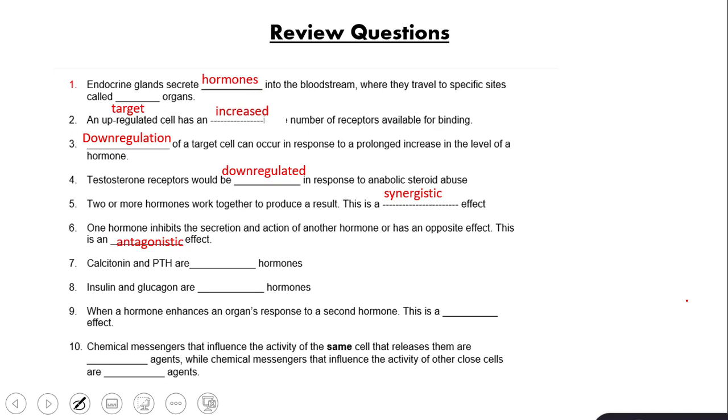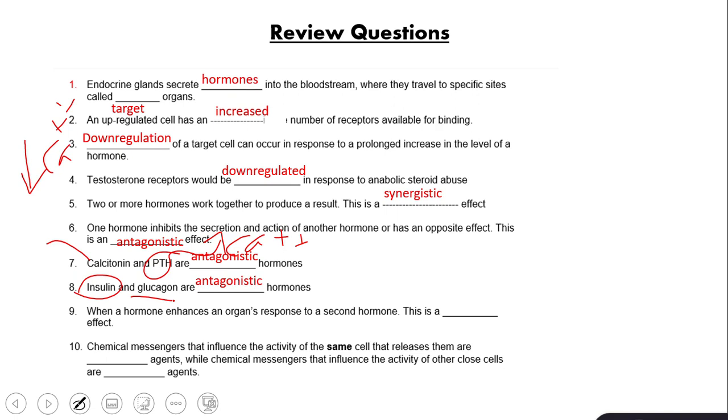Calcitonin is the hormone that decreases blood calcium level, and parathormone is the hormone that increases blood calcium level. So they work in an opposite direction, so they are antagonistic. Insulin is the hormone that decreases blood glucose level, but glucagon increases blood glucose level. So they are antagonistic hormones as well.